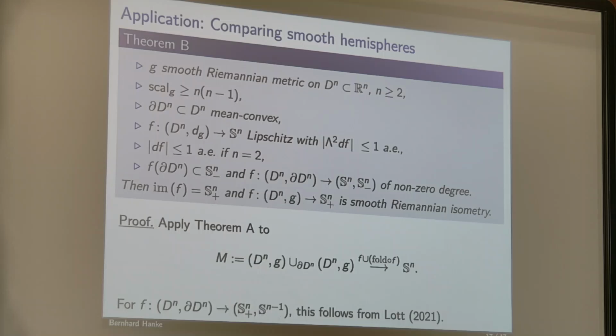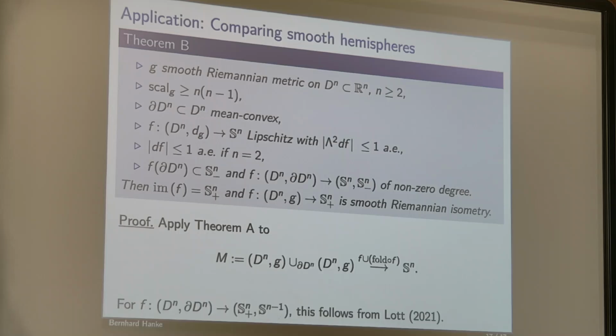The boundary of the disk is mapped to the equator, and the map is a smooth Riemannian isometry. Since I assume g to be smooth, then a metric isometry is a smooth Riemannian isometry. And as I said before, this is already interesting if all these data are smooth. Why? We apply A to this artificial space, which we obtain by gluing two copies of this disk along the boundary.